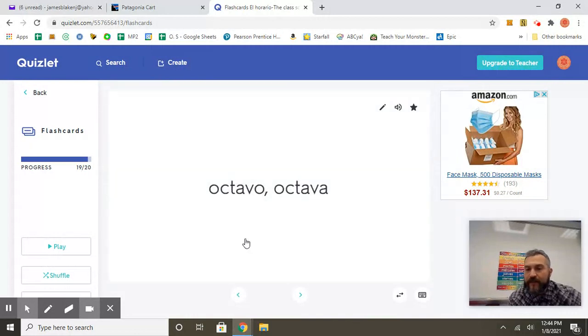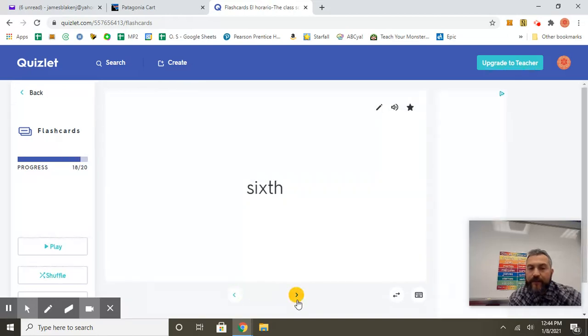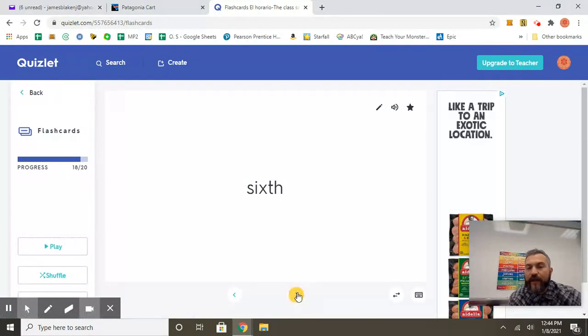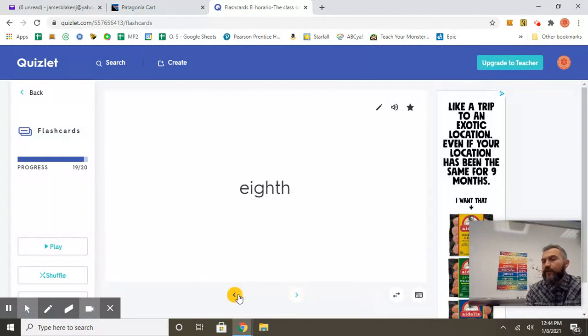Whoop, looks like I skipped seven. Seventh, yeah, I did. I'll have to add another card. Seventh would be, as you can see here, septimo, septima, whatever it might be. Eighth is going to be octavo, octava.